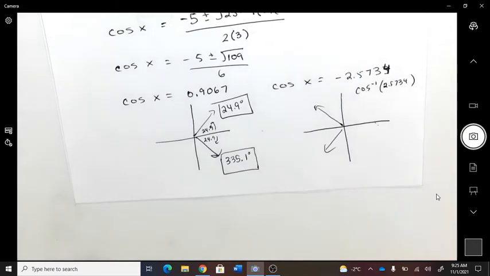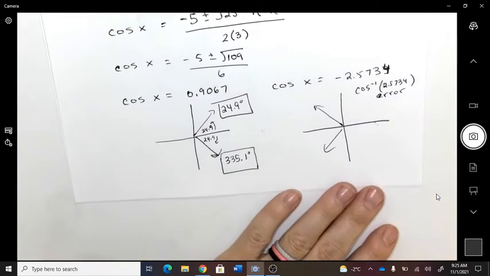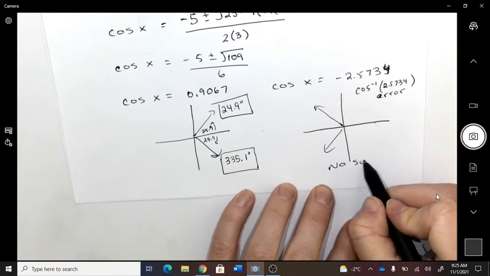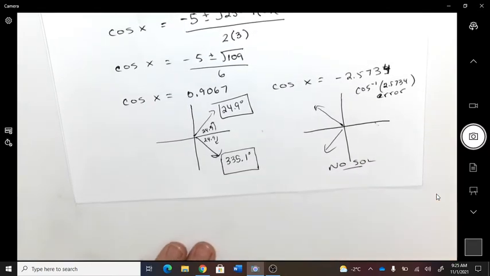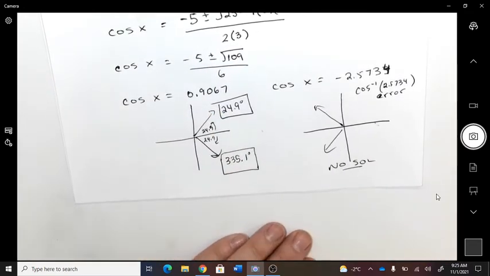I already put the negative into the location. And is your calculator saying it's an error? That's correct. So then I'm going to say that this one has no solution for it. There's no angle that will work in that spot. So those are the only two answers that I can get.